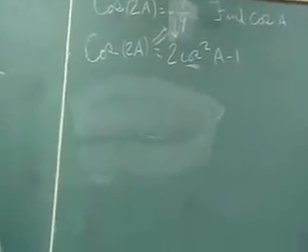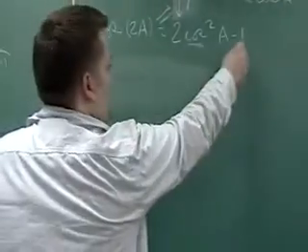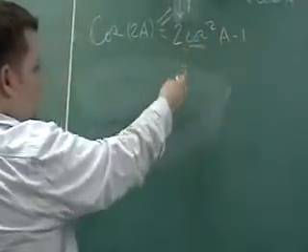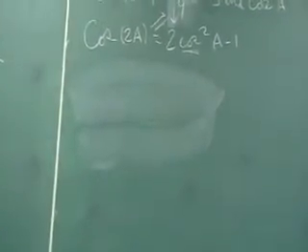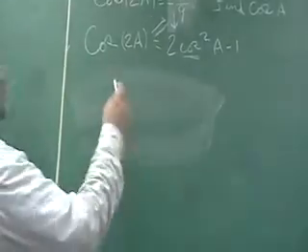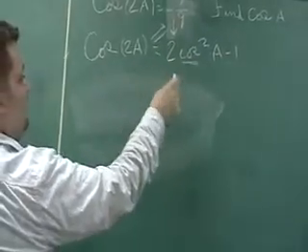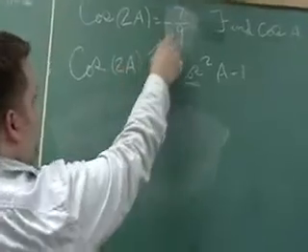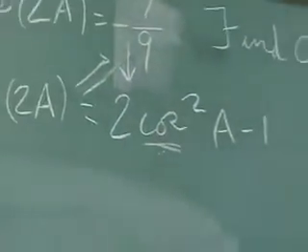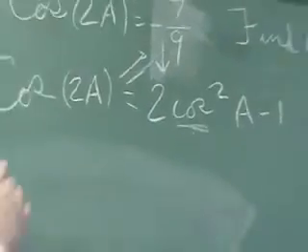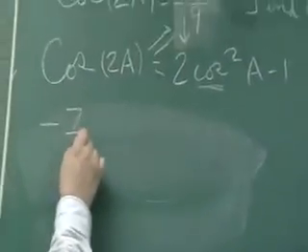Using basic math, you can get rid of the 1, the square, and the 2, and that'll leave you with cos. We know that cos 2A is equal to negative 7 over 9. Therefore, negative 7 over 9 equals 2 cos squared A minus 1. Let's write that down.